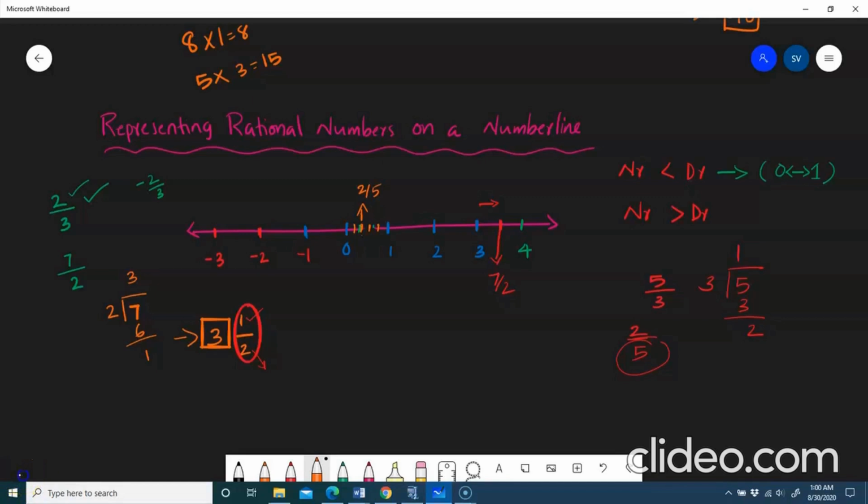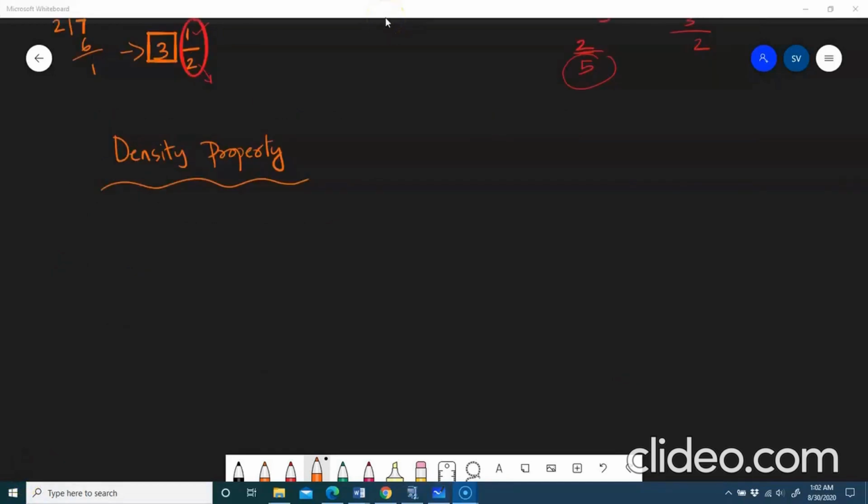Okay, now we can discuss the density property. We have a new name called density. Density always represents how populated an area is. So here, it is the density of numbers in a particular section.